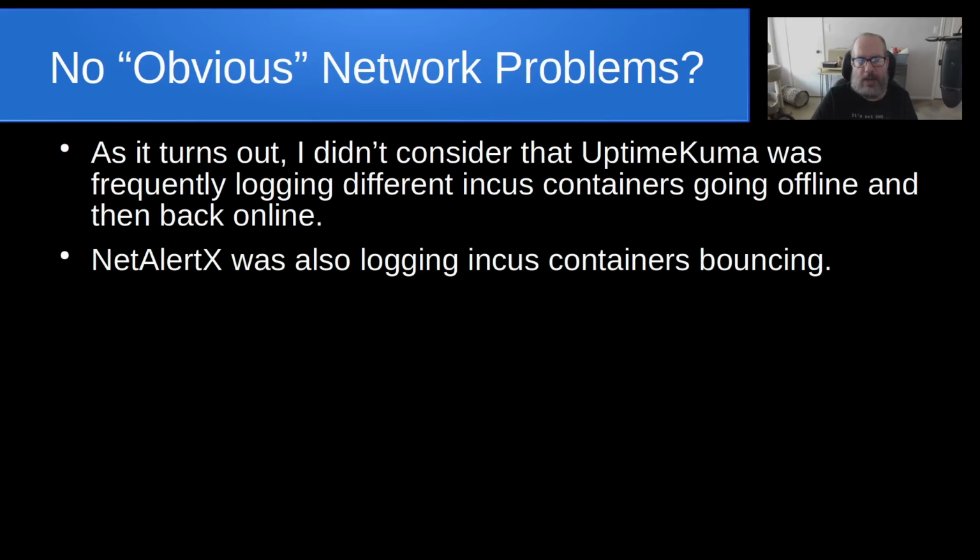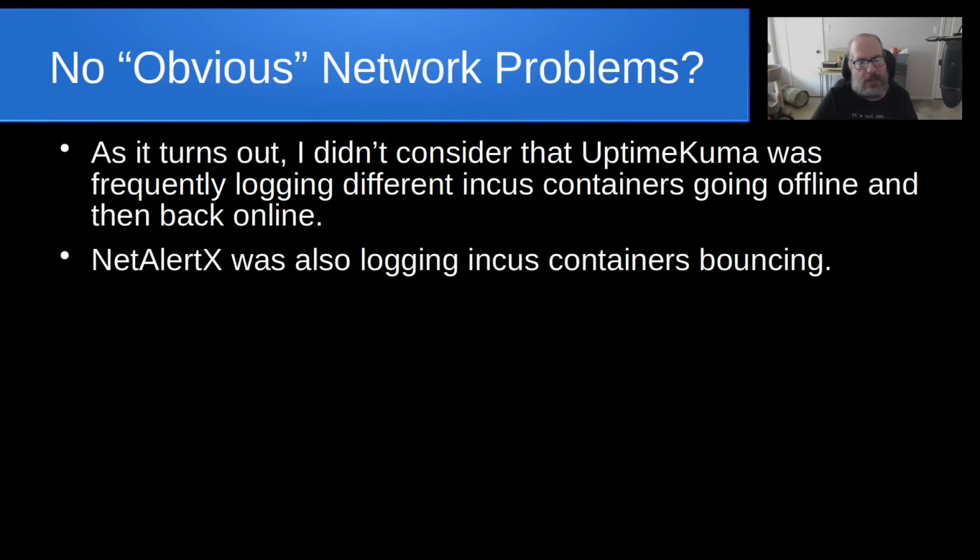And NetAlertX was also logging Incus containers bouncing. I did a video about NetAlertX and network monitoring tools in the home lab in general, where we went over things like Apprise and Gotify and NetAlertX. It's really a valuable tool for tracking these types of events.